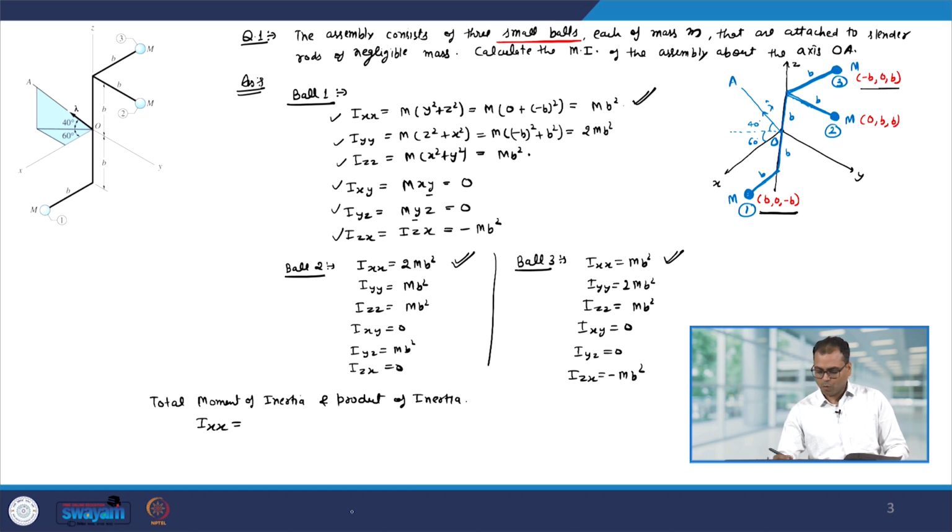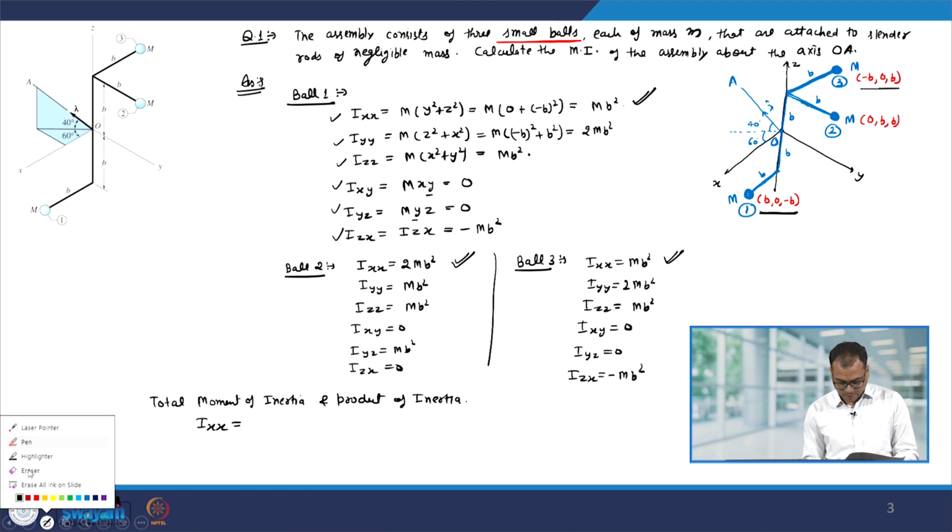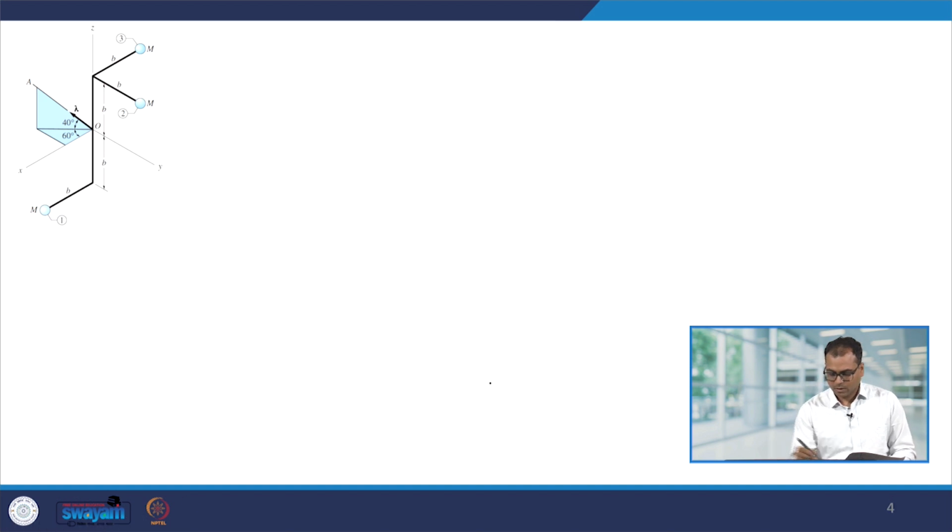Okay, so we have 1 plus 2 plus 1 equal to 4 m b square. Let me write it down on the next page. So, I_xx will be 4 m b square.